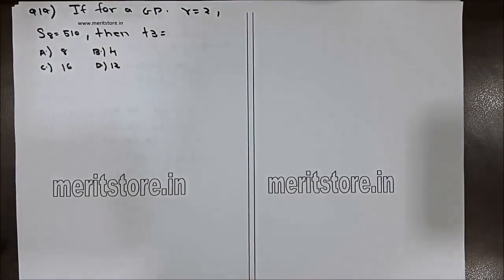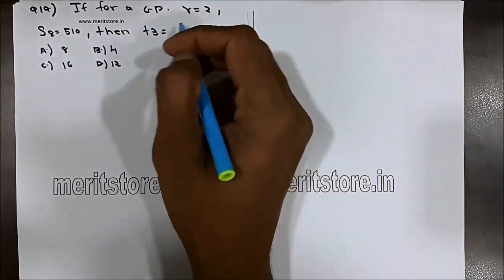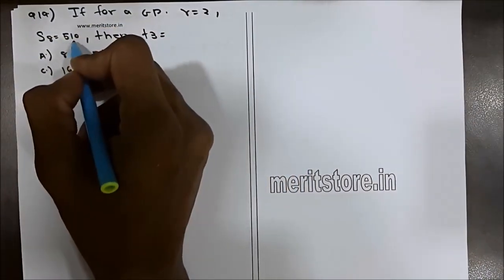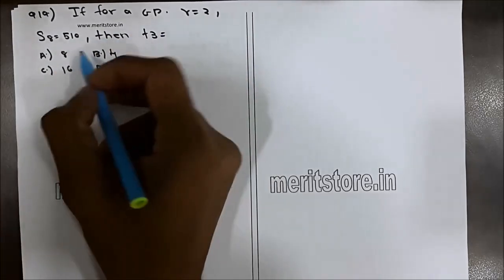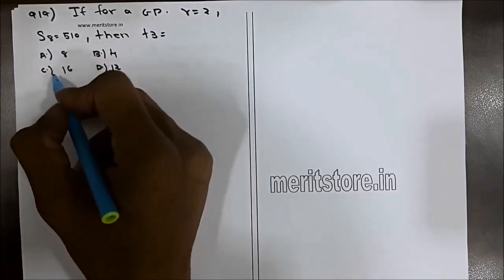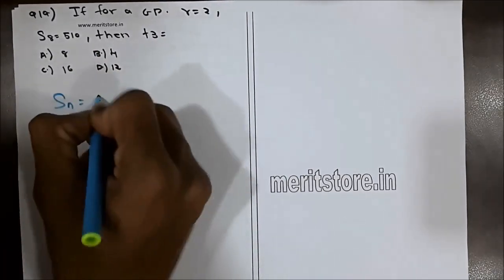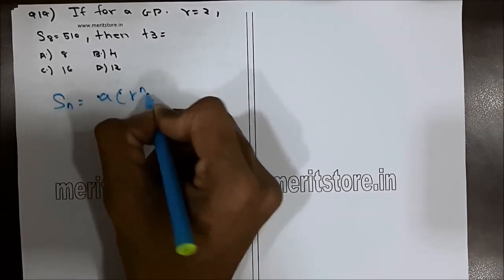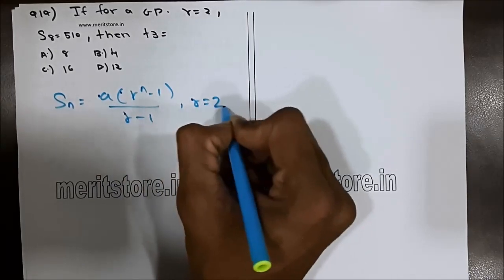Question 19. For a GP, r is equal to 2, S_8 is equal to 510, then T_3 is equal to, we have 4 options, A 8, B 4, C 16 and D 12. We have S_n, that is a(r^n minus 1) upon r minus 1, where r is equal to 2.